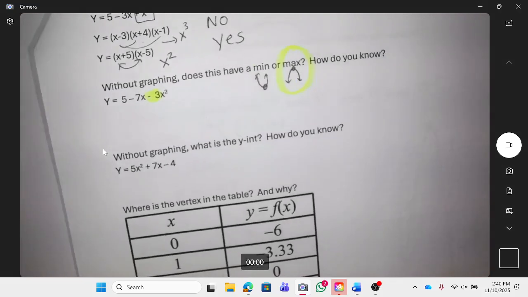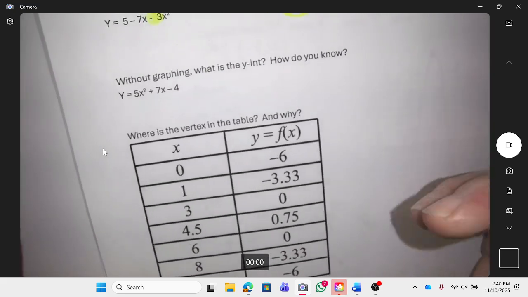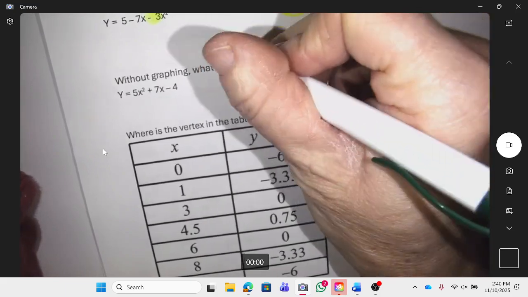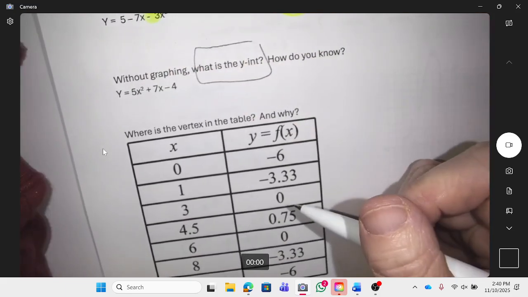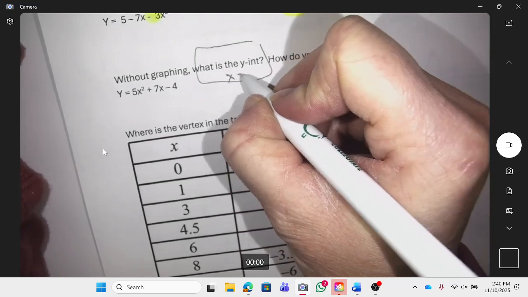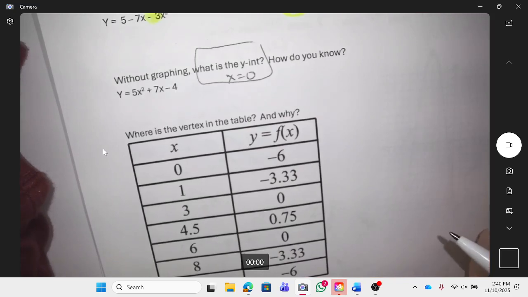Without graphing this one, what's the y-intercept and how do you know this? What is the definition of what a y-intercept is? When x is 0. Okay, so process that. What happens to this equation if x was 0?